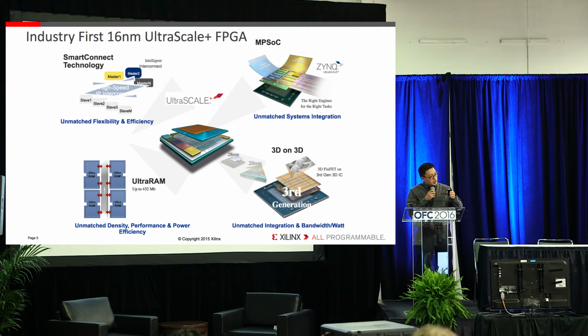Moving from 28, 22 now to 16, a lot of enhancements have been made, and for example, right now even on the I/O side, you can actually get double the 25G IOs moving from 20 nanometer to 16 nanometer.